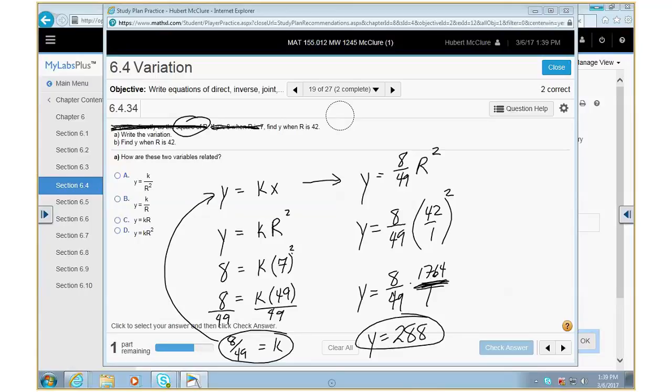And then they say, find when R is, okay, we'll do that. So it looks like, which one? B, and then 288.